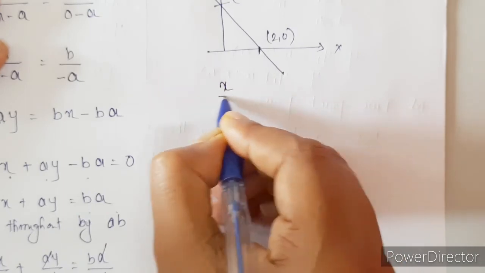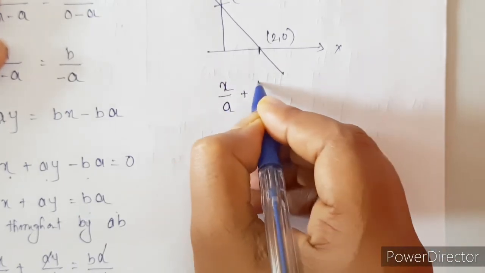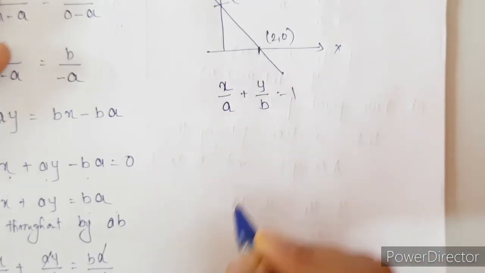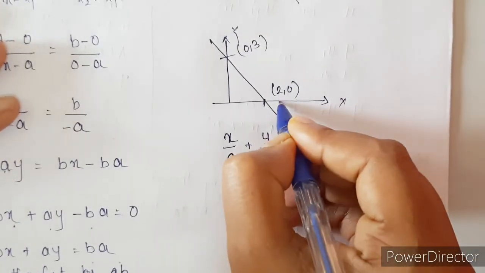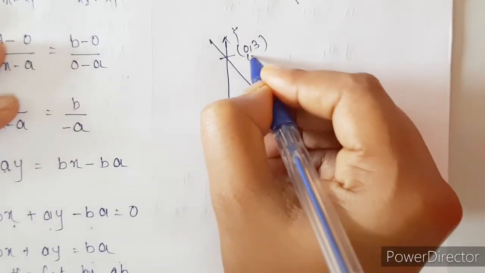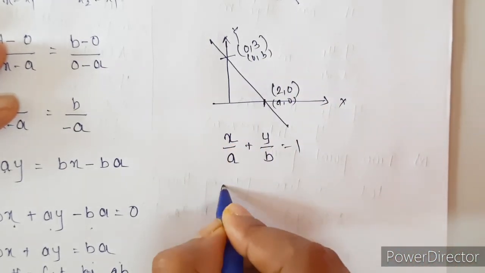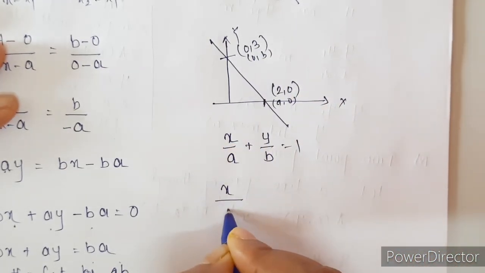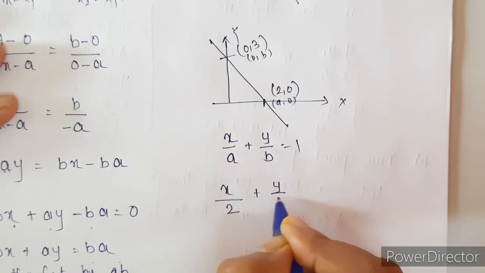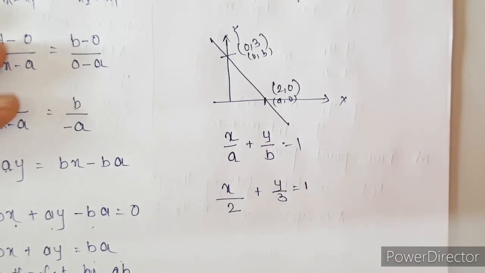So what is our equation? x upon a plus y upon b equals 1. Now this is your a comma 0, this is your 0 comma b. So a is 2, b is 3. So the equation of the line is x upon 2 plus y upon 3 equals 1.